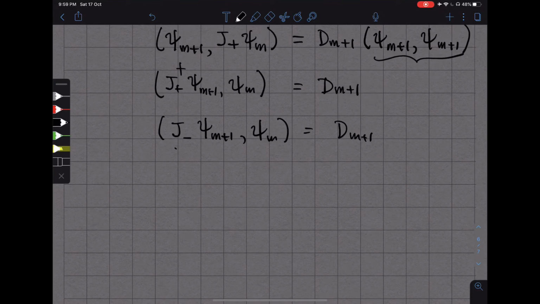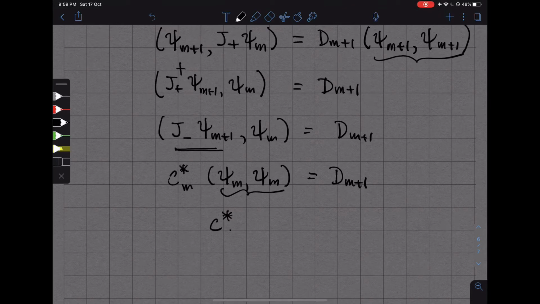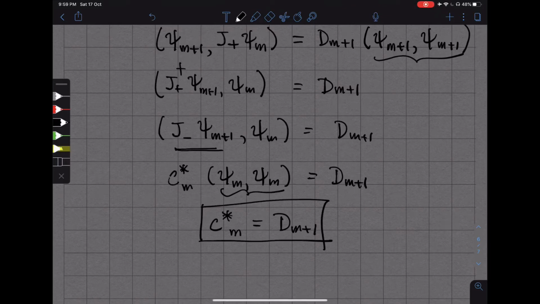But J minus acting on this will give me psi m times the proportionality constant, but because it's on this side of the inner product, the proportionality constant will get complex conjugated. So we will have C star of m times the inner product of psi of m with psi of m, which is equal to d m plus 1. But of course, this is just 1, so we'll have C star of m is equal to d m plus 1. So this relates the two different constants.